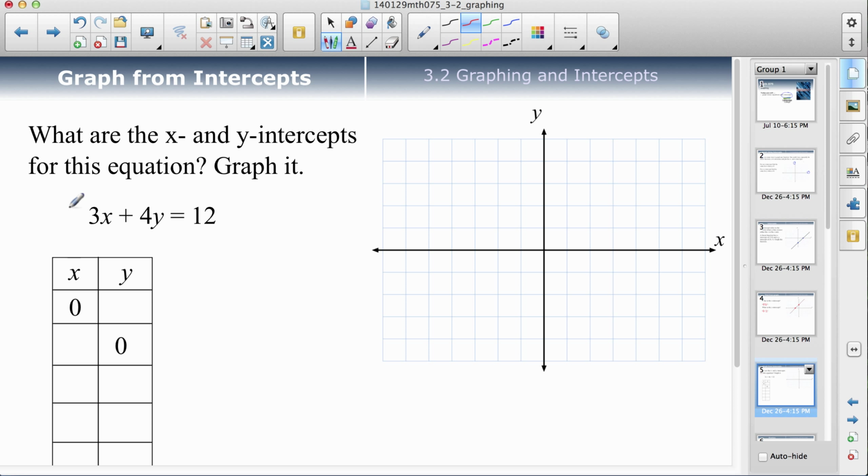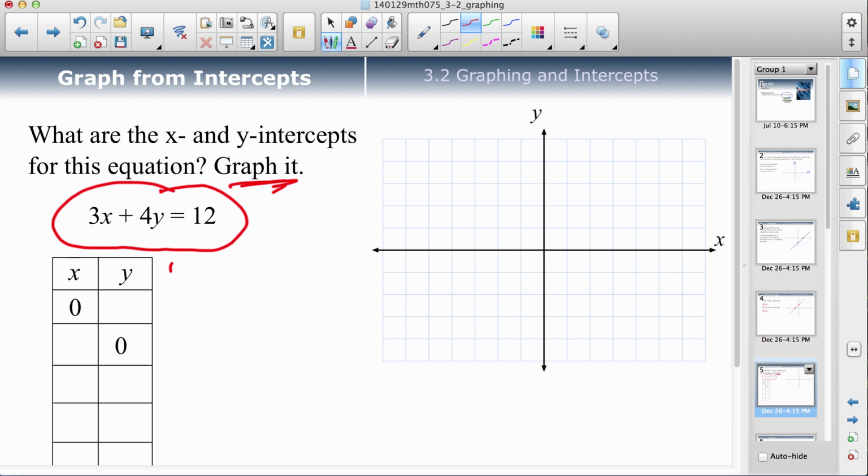Now let's go into a more interesting question. If they give me this relationship between x and y, to graph that, which is what I'm trying to do, and again there's lots of ways to do it, one of them is to find the intercepts. So let's try this one. To find the y-intercept, where it crosses this axis, you plug a 0 in for x.